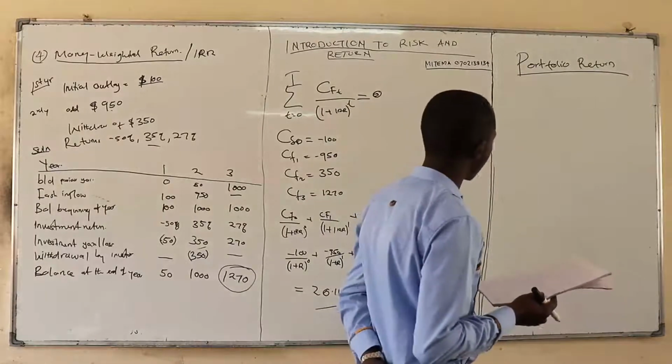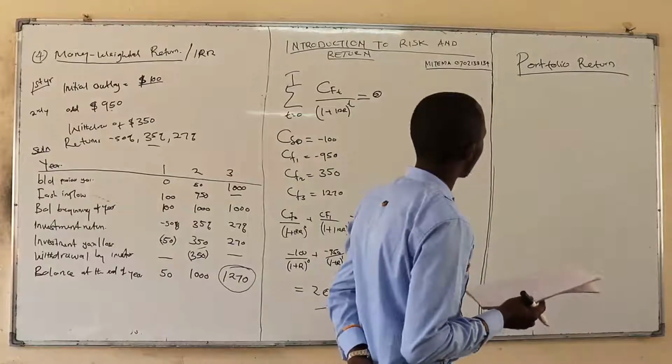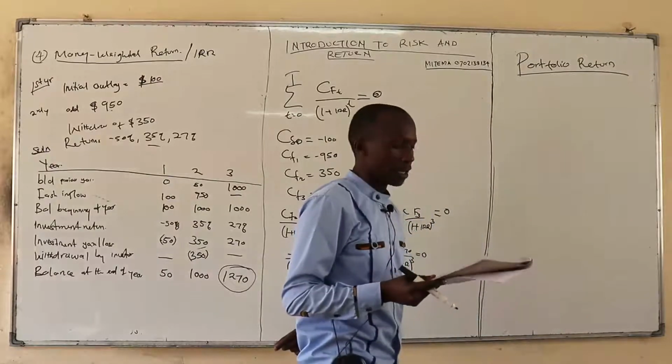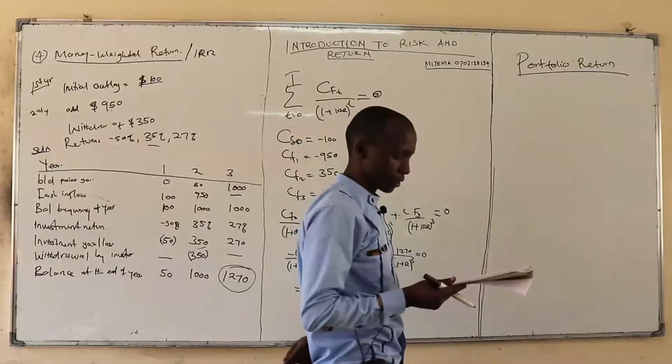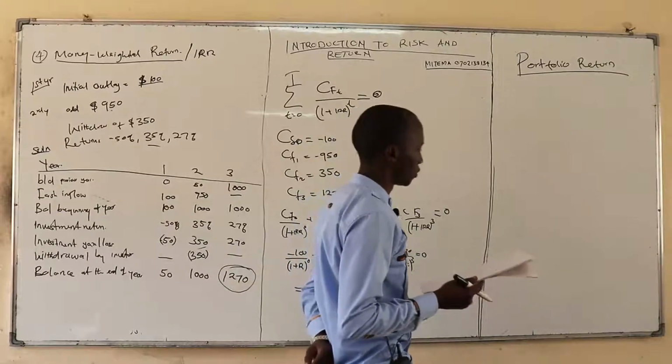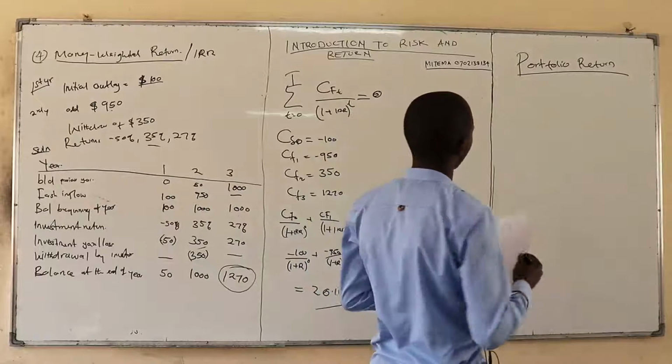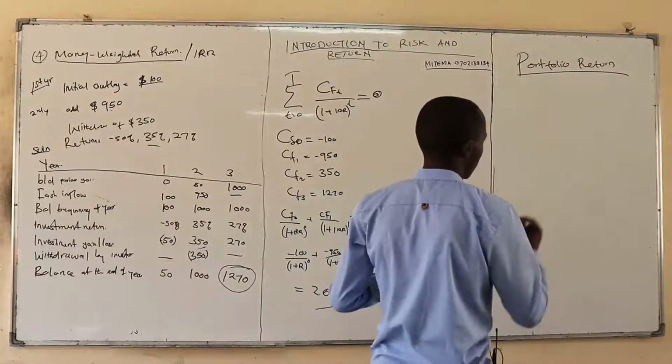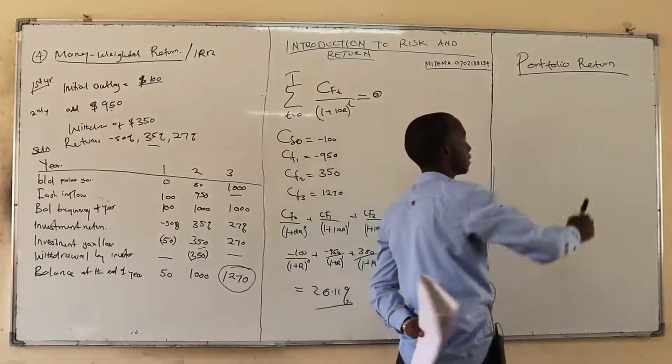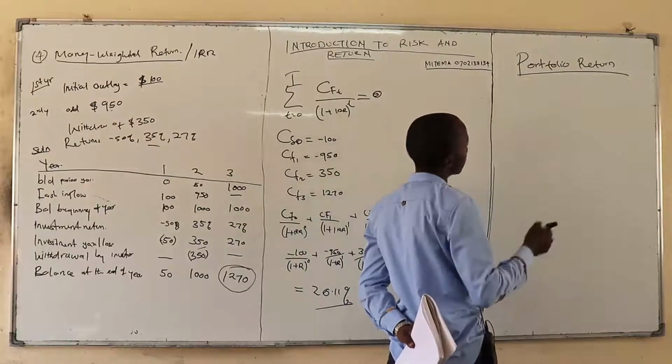If the asset X, for example, has a return of 20% and it constitutes 25% of the portfolio. A portfolio can comprise different projects or different investment opportunities, even different assets.